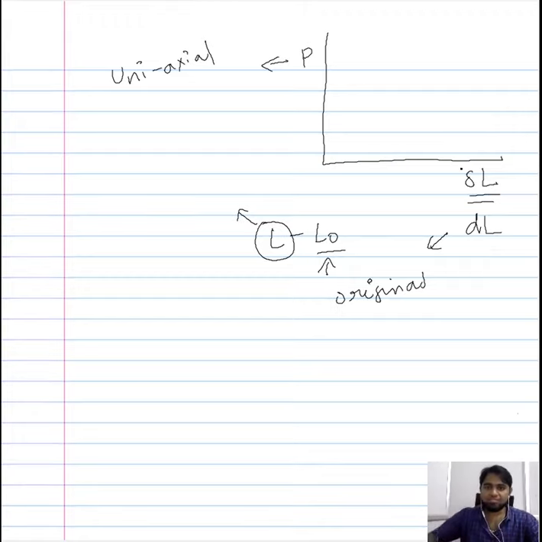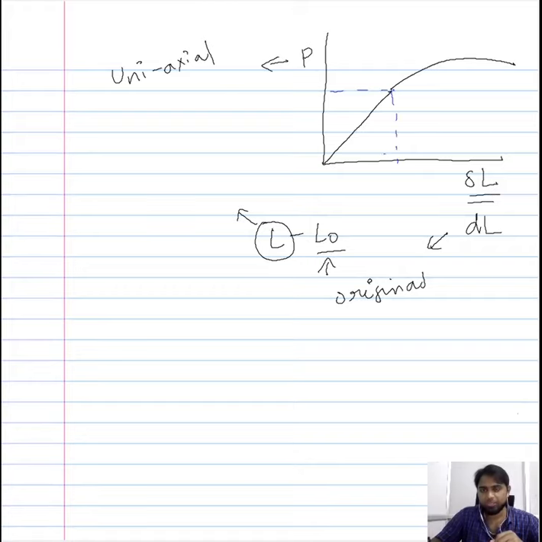So we largely focused our discussion on a specific region of this curve. If you could recollect, a representative form of this curve would look something like this. Our discussion so far has been confined to this region here.